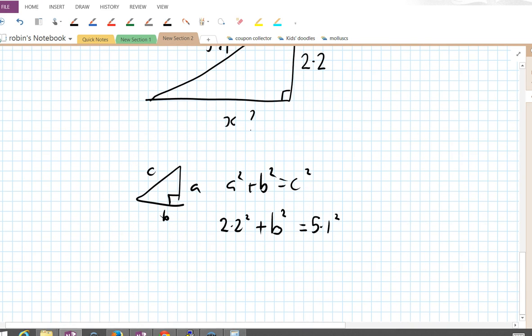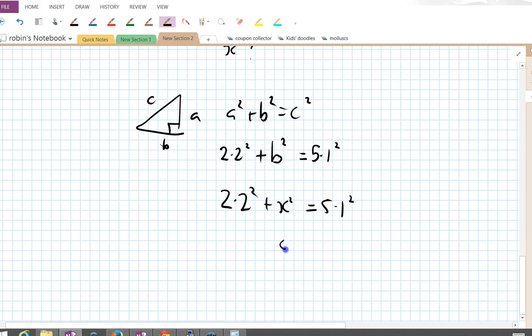So 2.2 squared plus X squared, well, I've called it B here and I've called it X there, equals 5.1 squared. So X squared equals 5.1 squared minus 2.2 squared equals what?